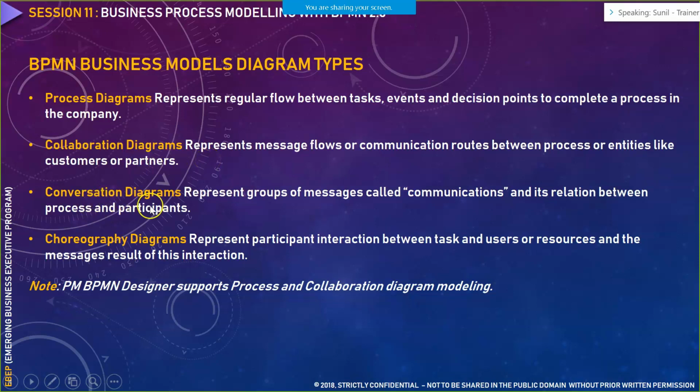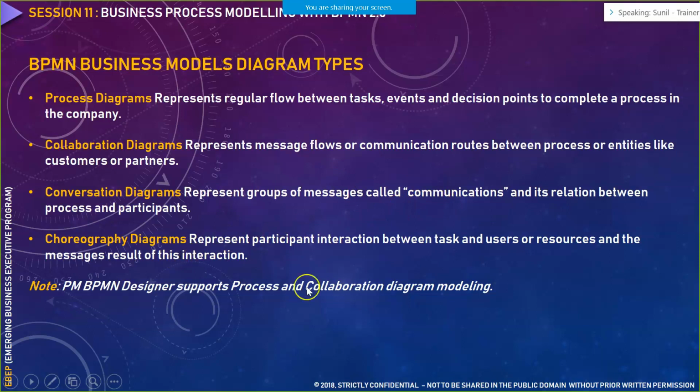Then comes the conversation diagram. It represents the message communication and its relationship between processes and participants. The same thing, but here we rely more on the communication channel, how the communication would happen, and there, what communication would happen. So that's the difference.